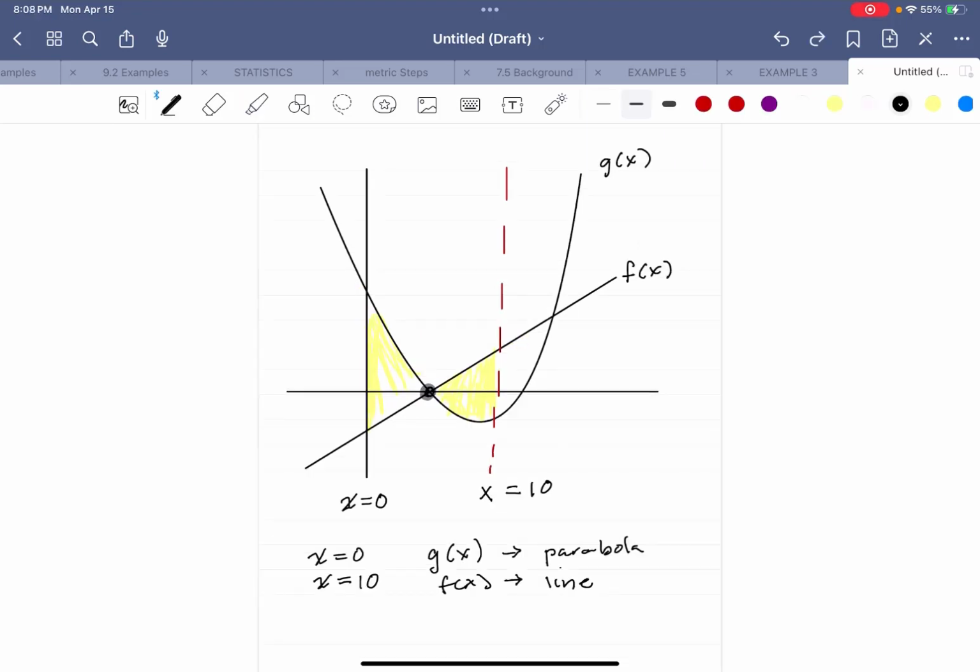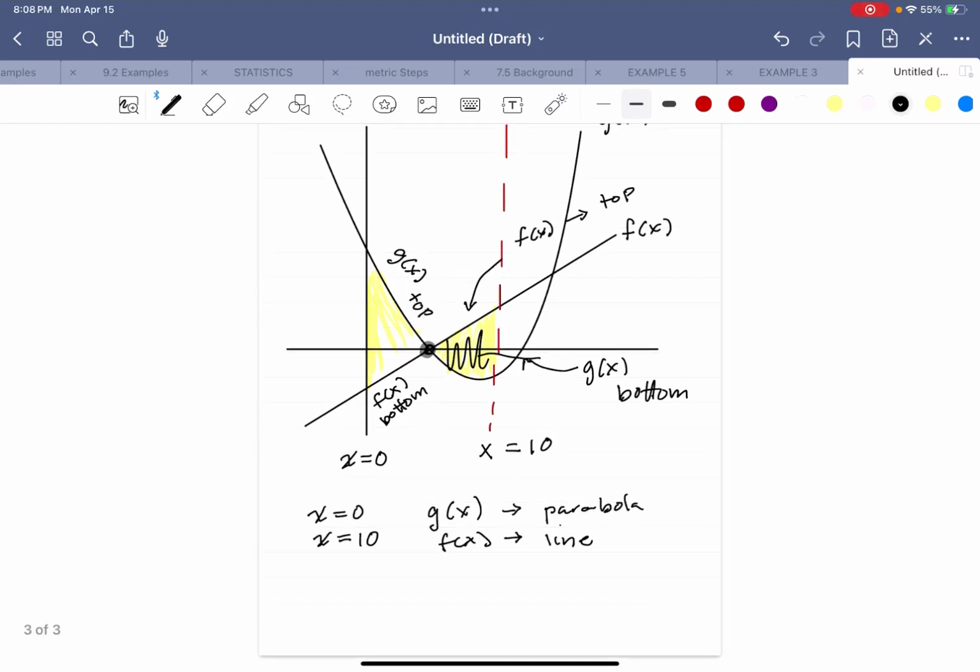So to the left of this point, the parabola is on top. So g of x is the top function. And f of x is the bottom function. In here, f of x is on top. And g of x, and we're talking about just this little yellow part in here, is on the bottom. So we have to do it in two parts.